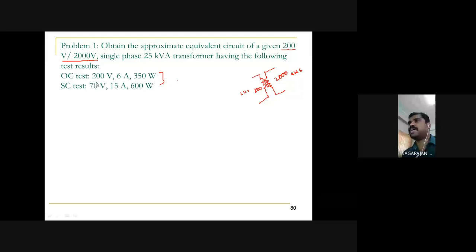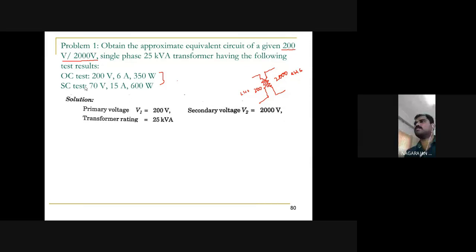If I put in the open circuit and short circuit results, the program will give me the final efficiency and the regulation of the machine at any load. So you can even write a program for that.